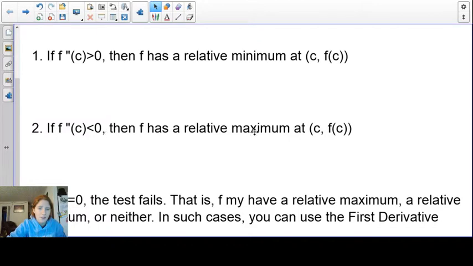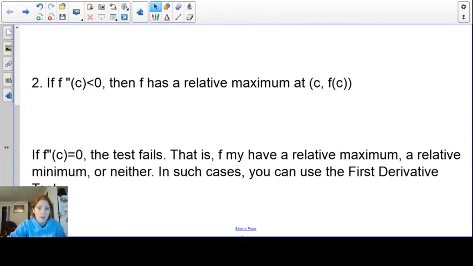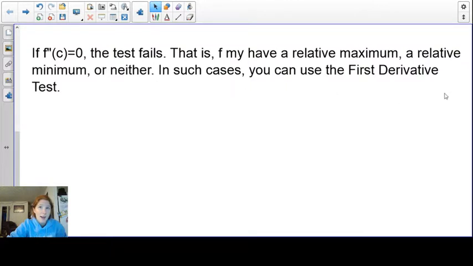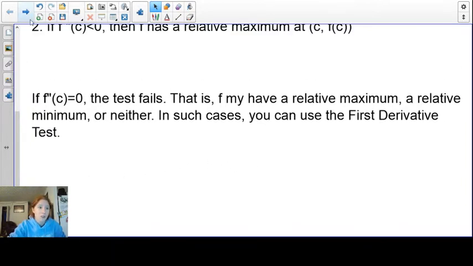If it's less than 0, then it has a maximum. And if it fails, it could have potentially nothing, and I would have to go back and use the first derivative test. So, that being said, let's chug on.